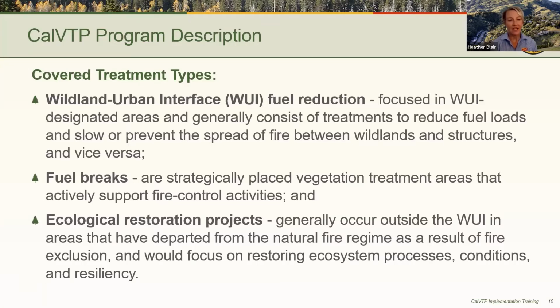The second treatment type is fuel breaks, and this includes both shaded and non-shaded fuel breaks. And third, there are ecological restoration projects. These generally occur outside the WUIs in areas that have departed from the natural fire regime as a result of fire exclusion. And this treatment type focuses on restoring ecosystem processes, conditions, and fire resiliency.